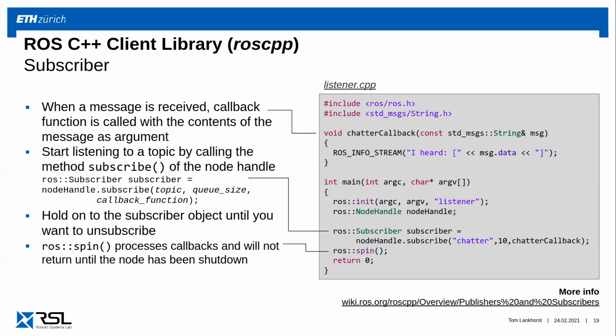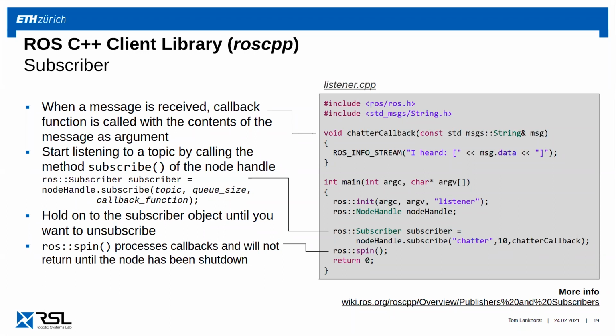Then we have to define a queue length. The queue length is the number of messages that the subscriber can receive without overflowing. This is typically relevant when the rate of receival exceeds the rate of processing the messages.